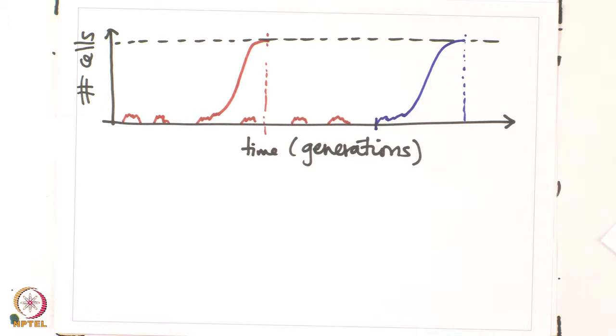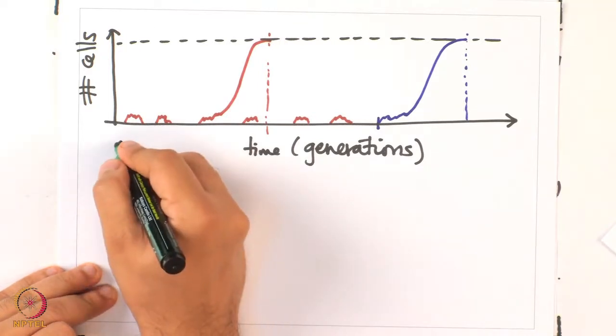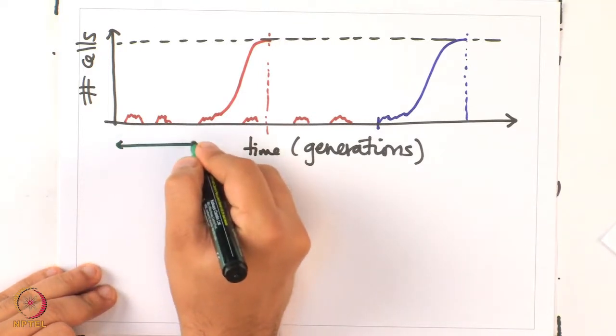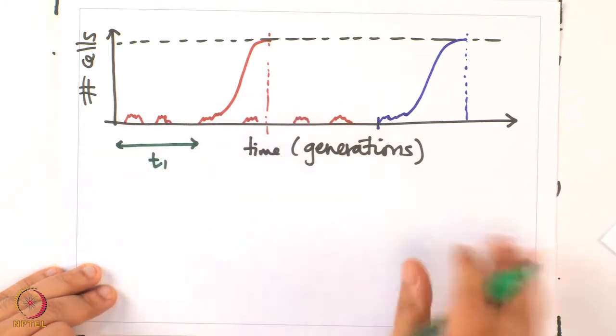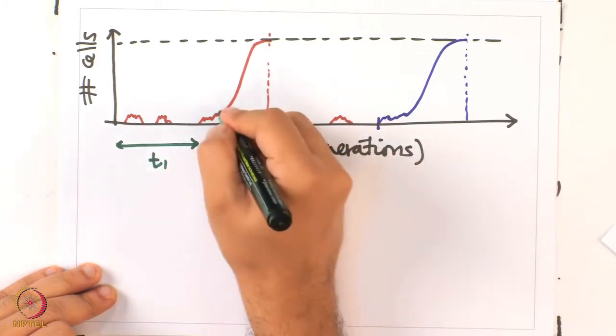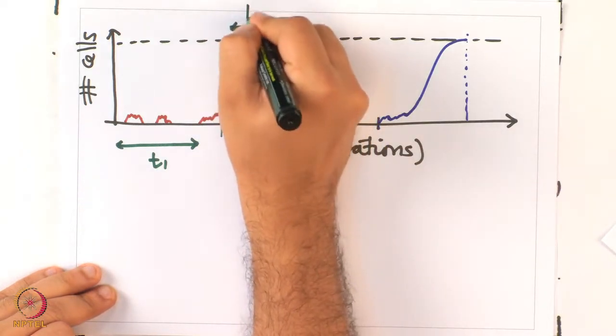And in this process, we note that there are two times associated with the dynamics, and the time points are, first one is T1, which is the time I have to wait before a mutation gets established, and the second time is the time associated with fixation of a mutation.